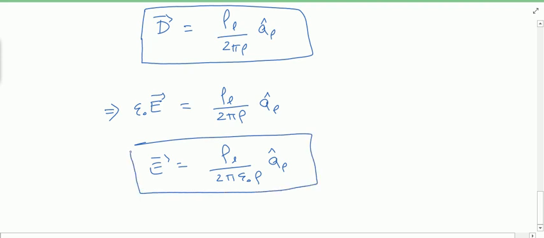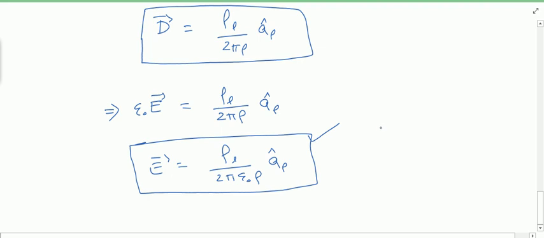This equation we have already derived in the derivation of the electric field intensity due to an infinite line charge. So here also we have seen that using Gauss law we can arrive at this equation. So this is the electric field intensity, or the electric flux density, due to an infinite line charge, and we can find these using Gauss law also.